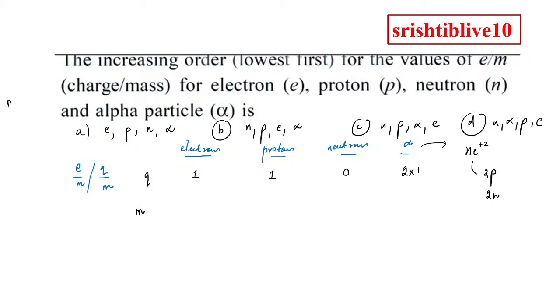We know the mass of an electron is 9.1 into 10 to the power minus 31 kg. The mass of a proton is 1.6 into 10 to the power minus 27 kg, and the mass of a neutron is approximately 1.6 into 10 to the power minus 27 kg. So I'm writing the mass of electron as Me, the mass of proton as Mp, and the mass of neutron, Mn, is equal to Mp.